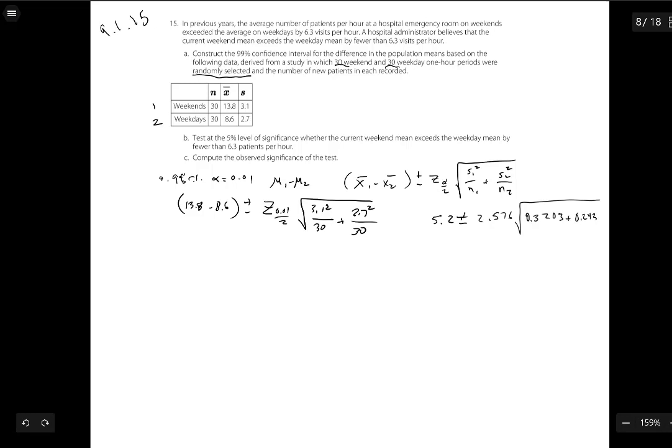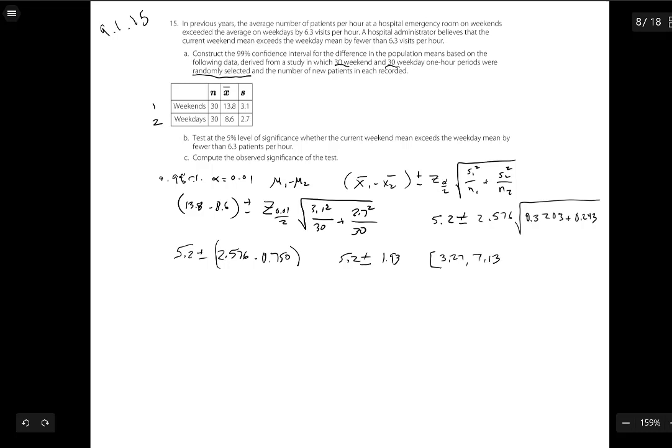So we have 5.2 plus or minus 2.576 times that whole thing, which turns out to be 0.750. So that's 5.2 plus or minus 1.93. Our confidence interval is 3.27 to 7.13.